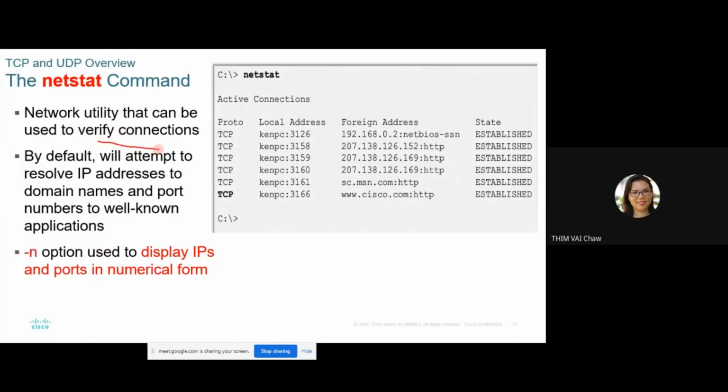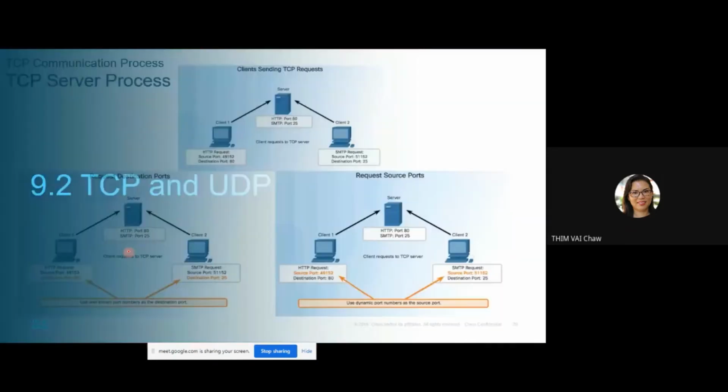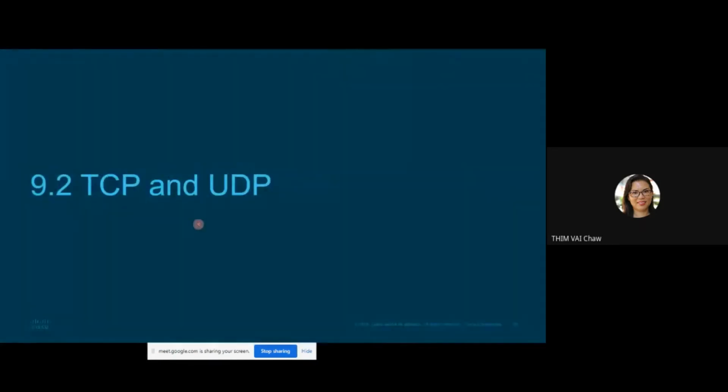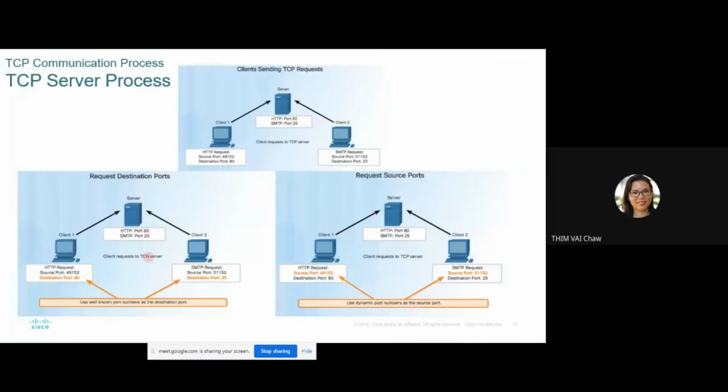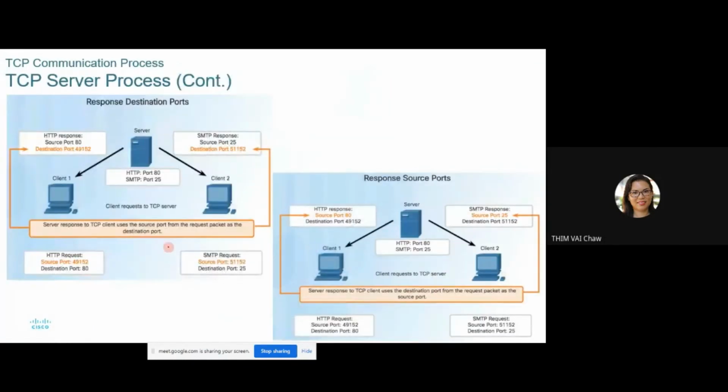Also, if you want to show the IP address rather than the name, you can use -n to show the numeric form. Again, this is TCP and UDP sending data, showing the source port number and destination port number.